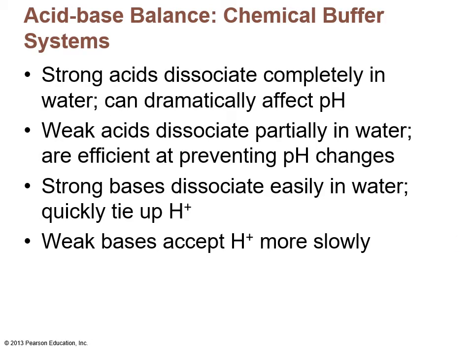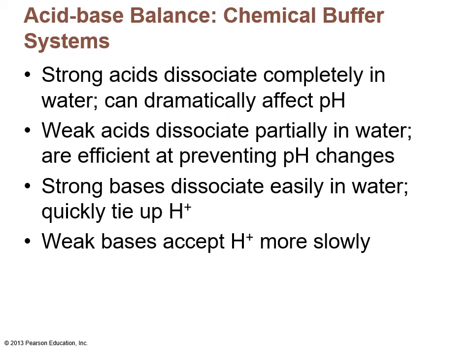So acid-base balance involves chemical buffer systems. Chemical buffers can dissociate, and they can also mop up excess acids or bases. Strong acids fall apart completely in water, and they can dramatically affect pH because they completely dissociate.